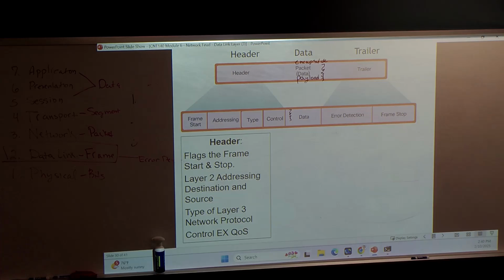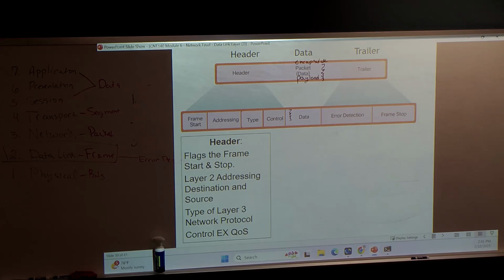I'm going to give you a clue because I can't remember if this is in module 6 or 7. I think it's in module 6. Are there different methods of forwarding a frame? Frame forwarding methods?